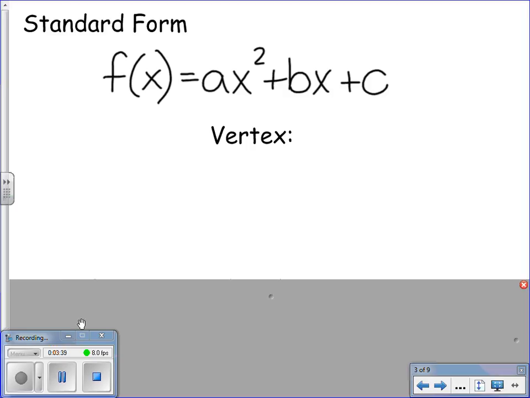First, I'm going to give you instructions that are just like, in our own words, what are the steps we would take, and then I'll write out what a mathematician might say is the vertex for the standard form quadratic function. So, in plain terms, to find the vertex, the very first thing you're going to do is find the x-coordinate.